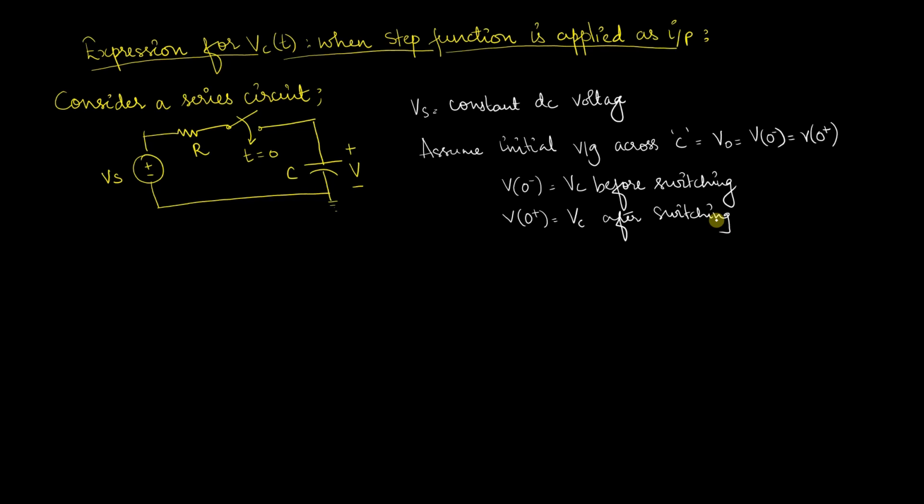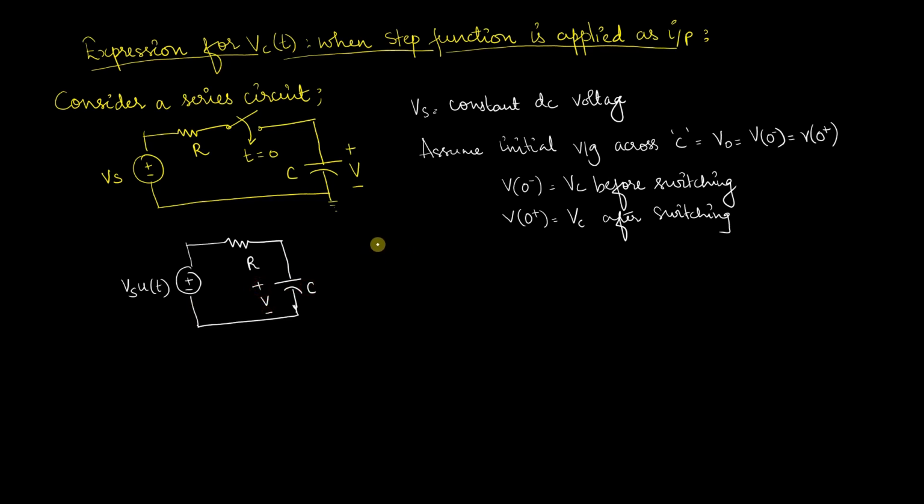I can equivalently represent this particular circuit in the form of a step function. Let me redraw this circuit. I can redraw this as Vs into u of t, I'm applying a step function, I have a resistor, and I have a capacitor having a voltage plus and minus V.